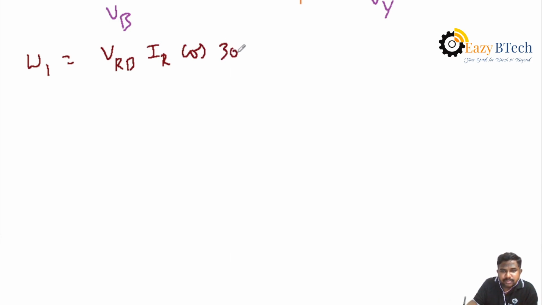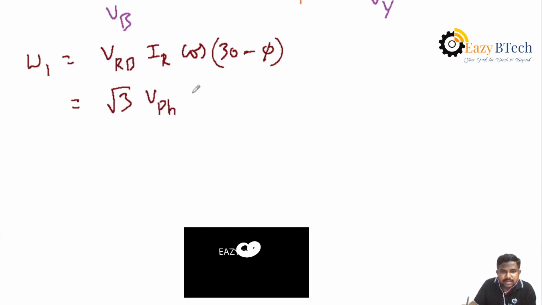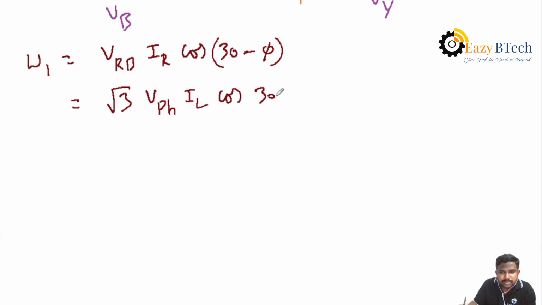From the phasor diagram, the angle is 30 minus 5. Then we can change it into the form of line quantities, that is root 3 VRB, nothing but phase, and IL cos 30 minus 5.